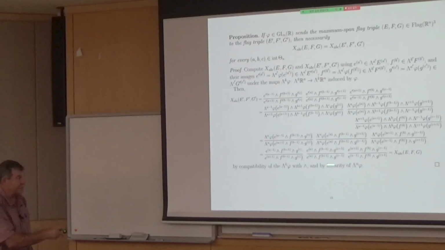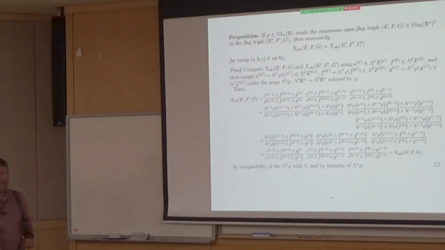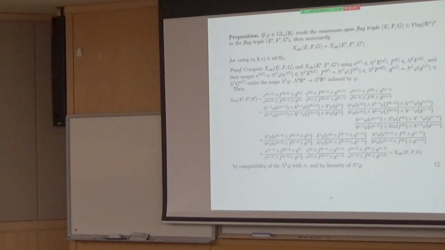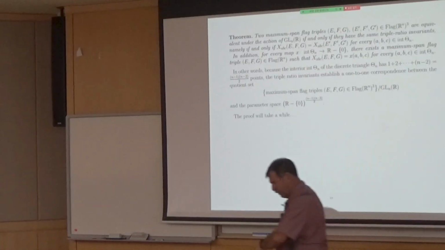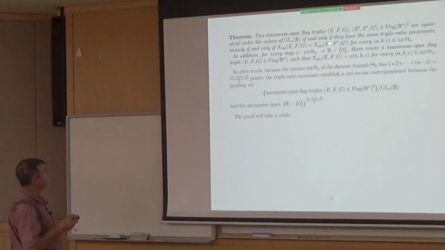And that line was exactly the triple ratio to begin with. It's the same. There is the determinant here. It's the same proof as for double ratios. Okay, so if there exists a linear map sending one to the other, necessarily they must have the same triple ratios.